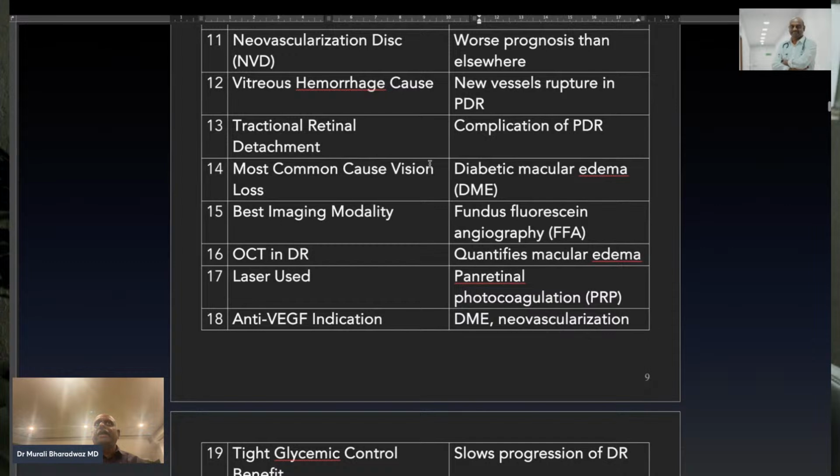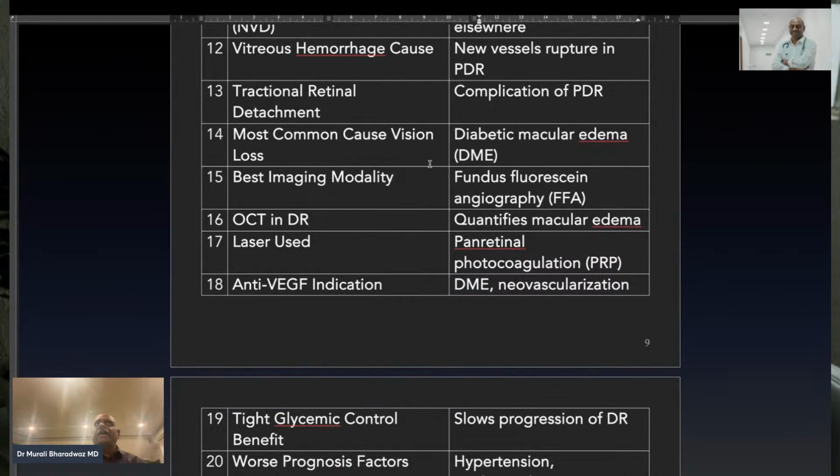And what laser is used to treat proliferative diabetic retinopathy? Pan-retinal photocoagulation. The idea is that whenever there are ischemic areas of the retina, they stimulate vascular endothelial growth factor, leading to neovascularization. So you apply burns and kill those ischemic areas.